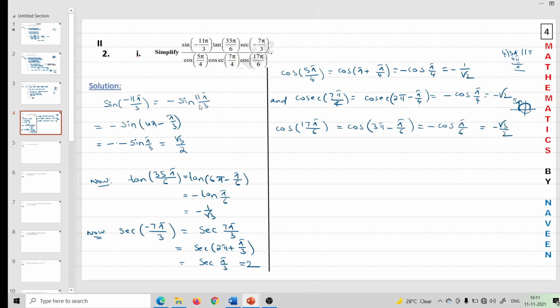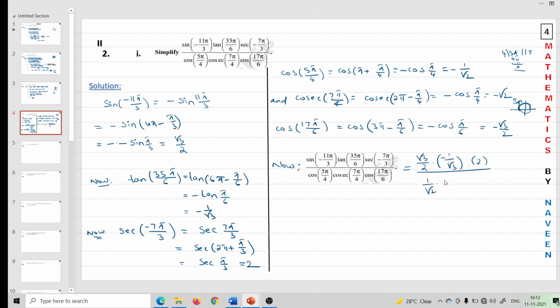Now we have all the values here. Now this total one is equals to, see, first one is root 3 by 2. Substitute all the values properly. Second one, minus 1 by root 3. Third one is 2 divided by 1 by root 2, minus root 2, minus root 3 by 2.